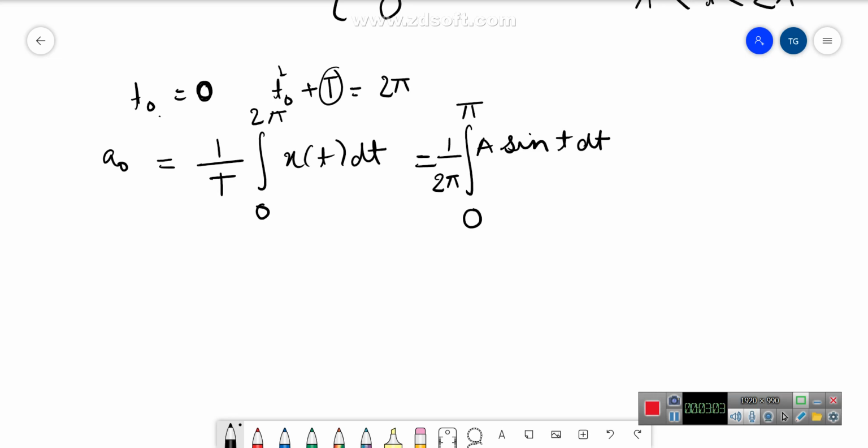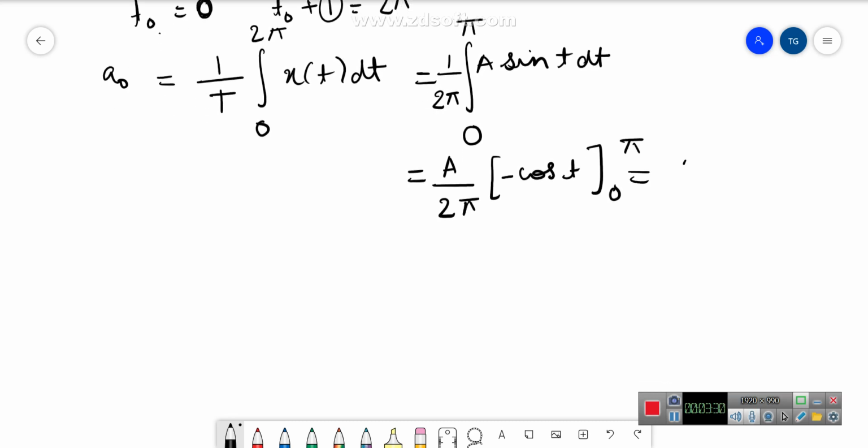So when we calculate this, A is a constant, so it goes out: A by 2 pi, and the integration of sine is minus cos t from 0 to pi, right?